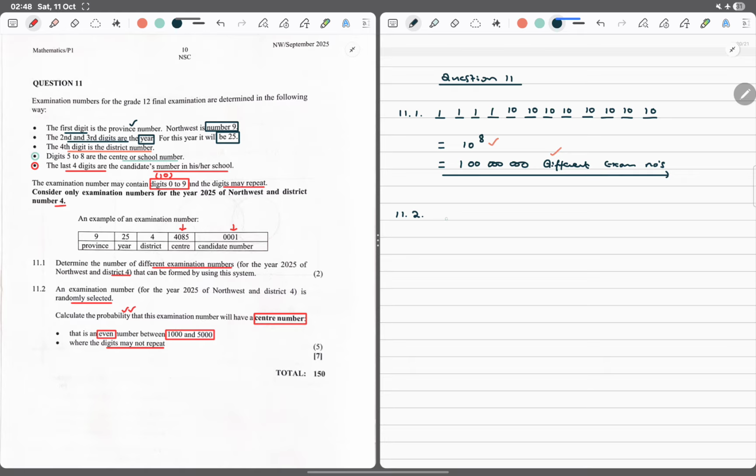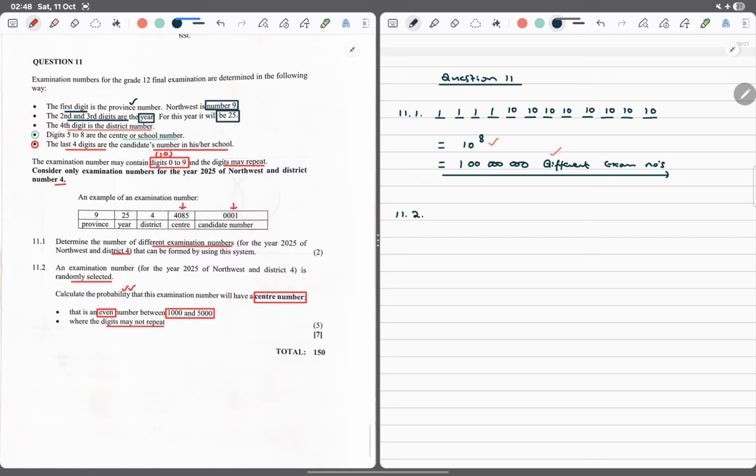So we know that, okay, essentially, what numbers, if we look at, say, for example, the numbers that can start when we want a number greater than 1,000 but less than 5,000, it can be 1, 2, 3, 4. So these are the numbers that can begin or that can start the center number.